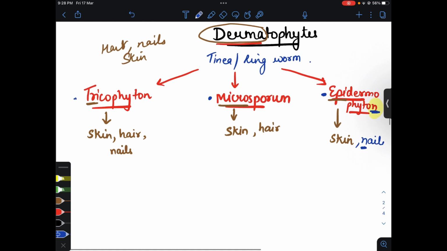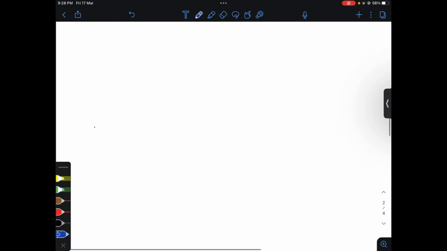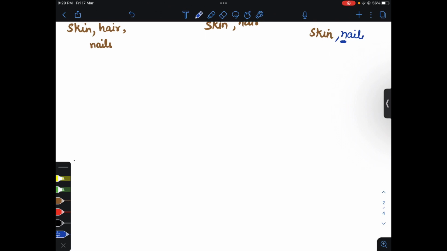Now we also have images and how we can differentiate the morphology. For that, let me tell you about the mnemonic. In this we see macroconidia and microconidia.